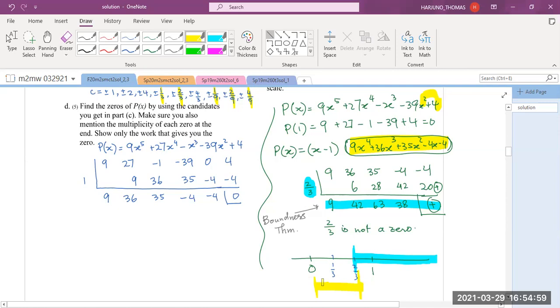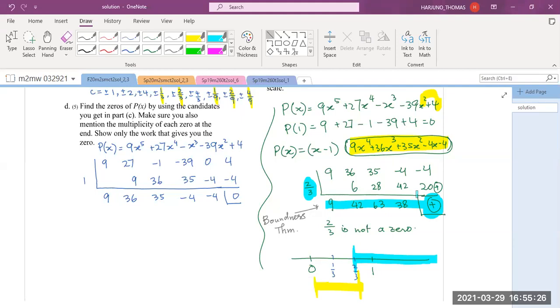Okay. Now, what I want to emphasize is this: even when you tried x equals 2/3 as a 0 and it turns out it's not a 0, it doesn't mean you don't get any extra information from there. Sometimes we do things in our life and we fail, right?